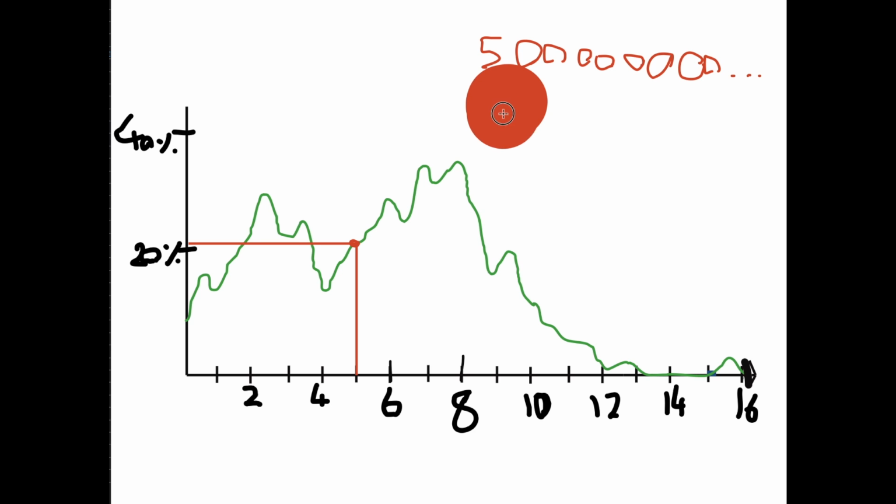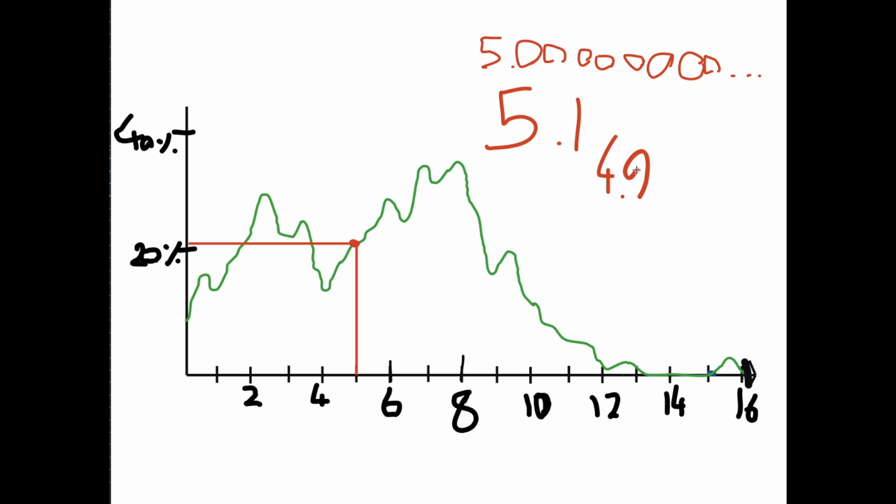Maybe kids did 5.1 hours or 4.9 hours, but that's not exactly 5. Even in our set of 16 million data points, I'm assuming that there is no person with exactly 5 hours of computer time.